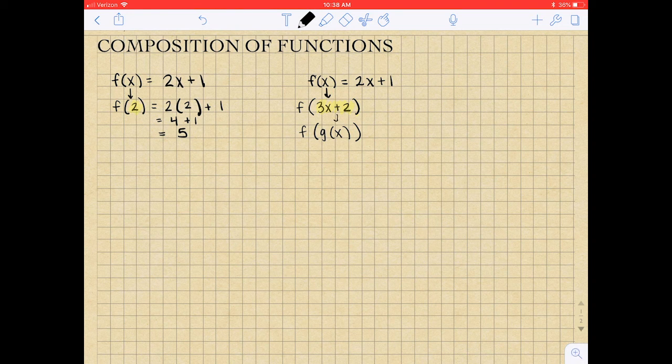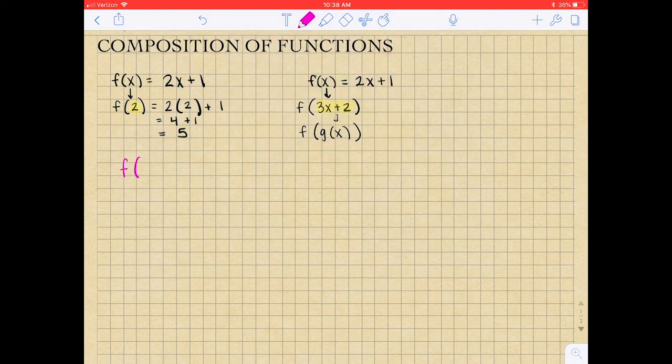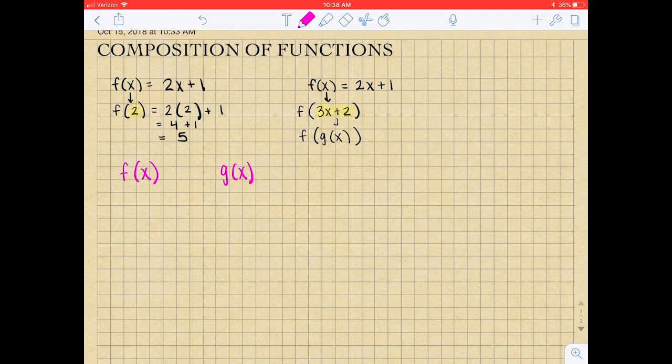So this brings us into the idea of composition of functions, which states if we have two functions, I have some f of x function and I have some g of x function, I can compose two functions, so f composite g of x, which simply means I am taking the f function and I am evaluating every x in that f function as g of x.